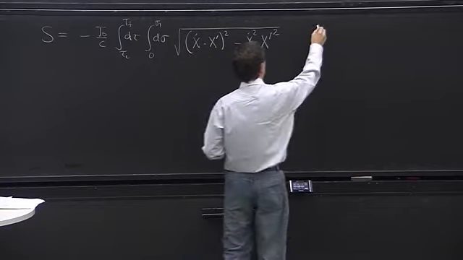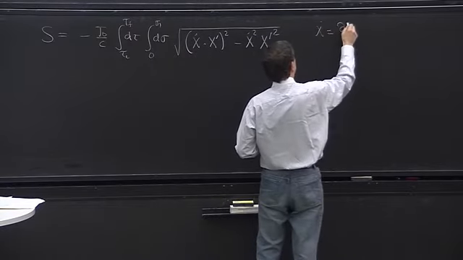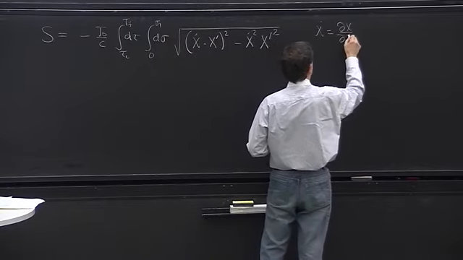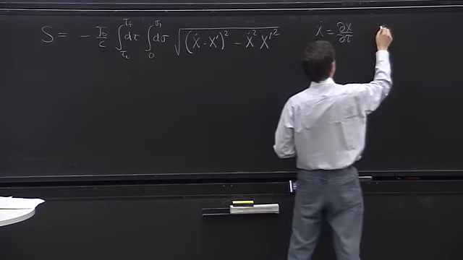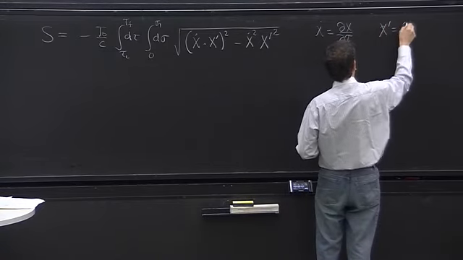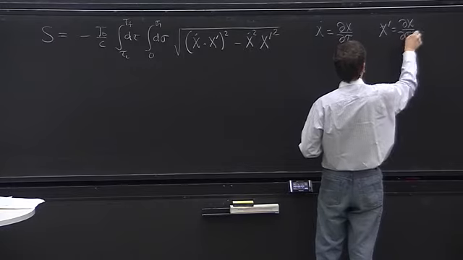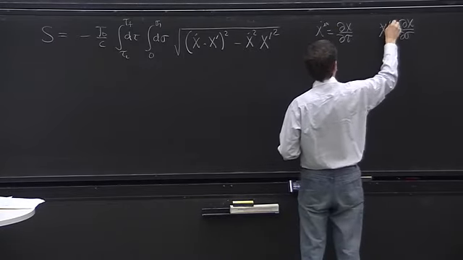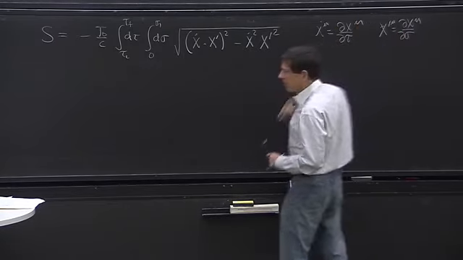And dots and primes refer to derivatives with respect to tau and derivatives with respect to sigma. And they have a mu index over here.